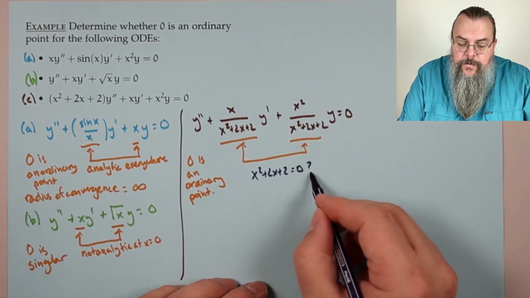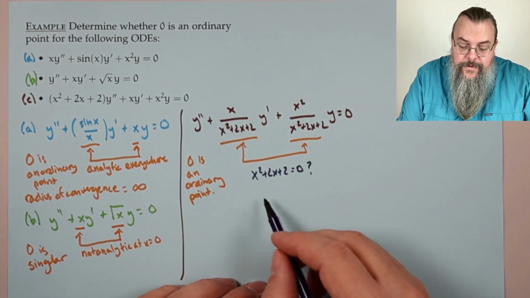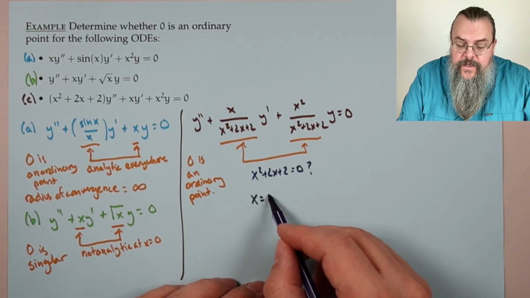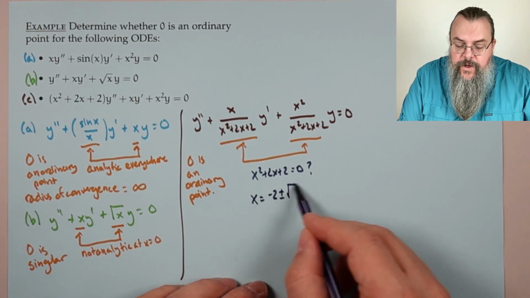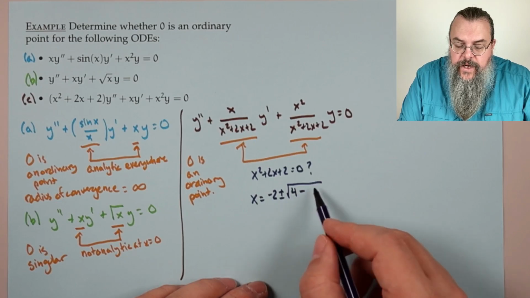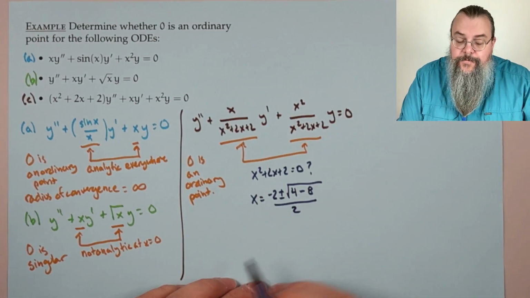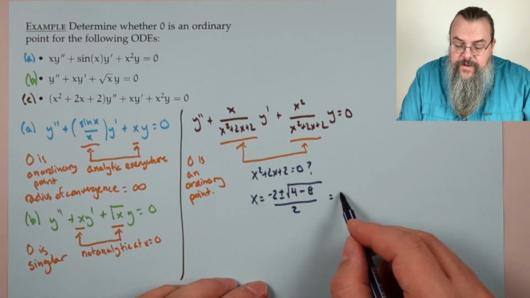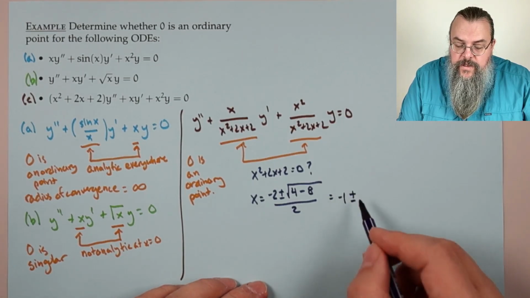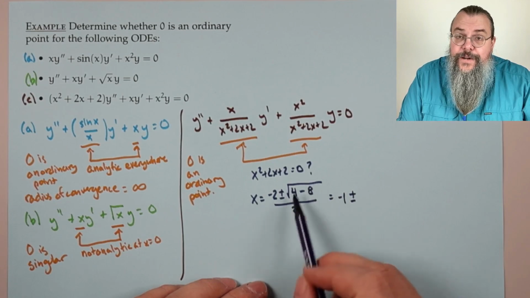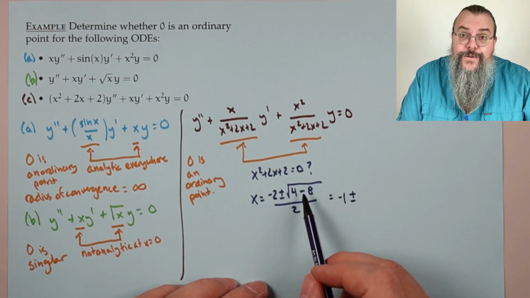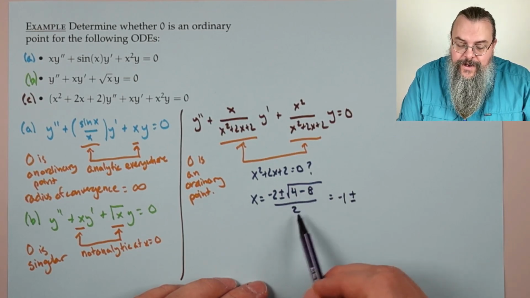All right, well, we can solve, right? We can do the quadratic formula. Negative b plus minus square root b squared minus 4ac all over 2a. And if you clean this up, that's negative 1. Now, here you'll get square root of a negative 4, which is 2i divided by 2.